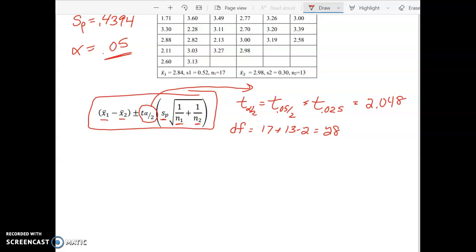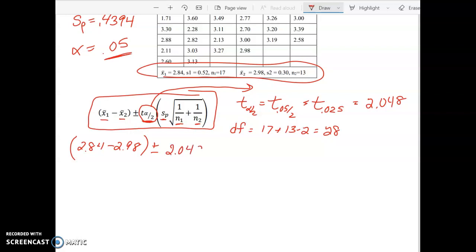So the two sample means, we've got 2.84 minus 2.98. So this is just from the summary information up here. We need to subtract those. Then we're going to add and subtract to that. We need the T of alpha over 2, so that's the 2.048.